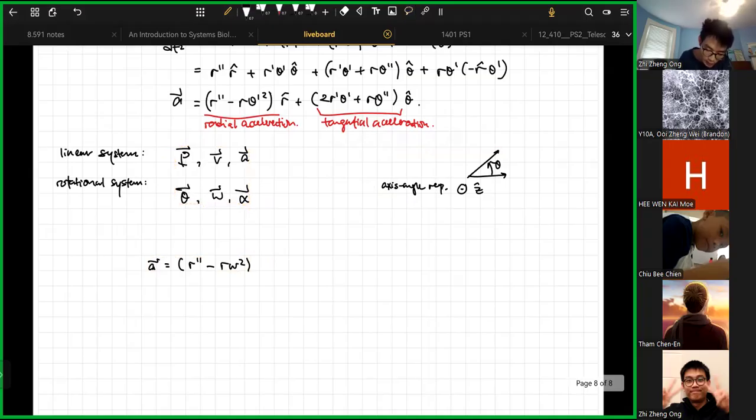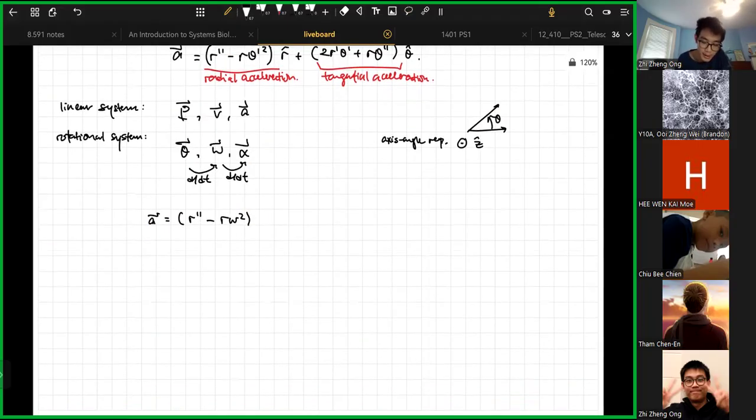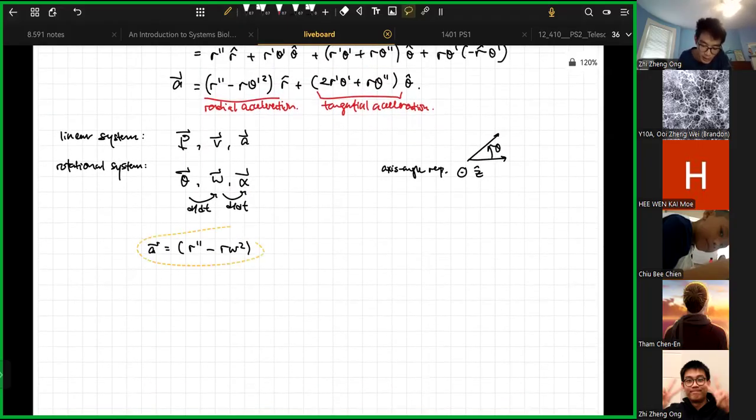Okay, I take a time derivative, you get this. Take one more time derivative, you get this. Same thing for position in the linear case. Copying down what we have just now: this is the radial acceleration, and this is the tangential acceleration.